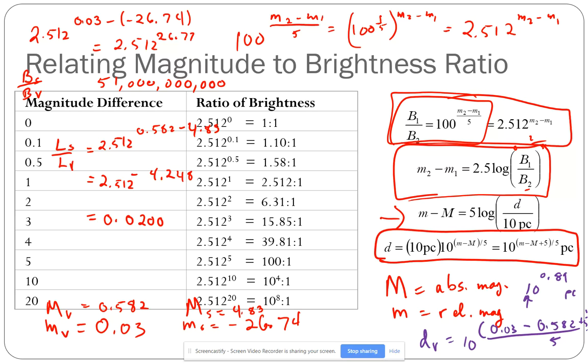That is a legitimate math number. 10 to the 0.89 is going to be somewhat less than 10, but bigger than 1. And so I'm going to put that in the calculator just to get us a number. And we have 7.76 parsecs away. So there we have a calculation for how far away Vega is from us.